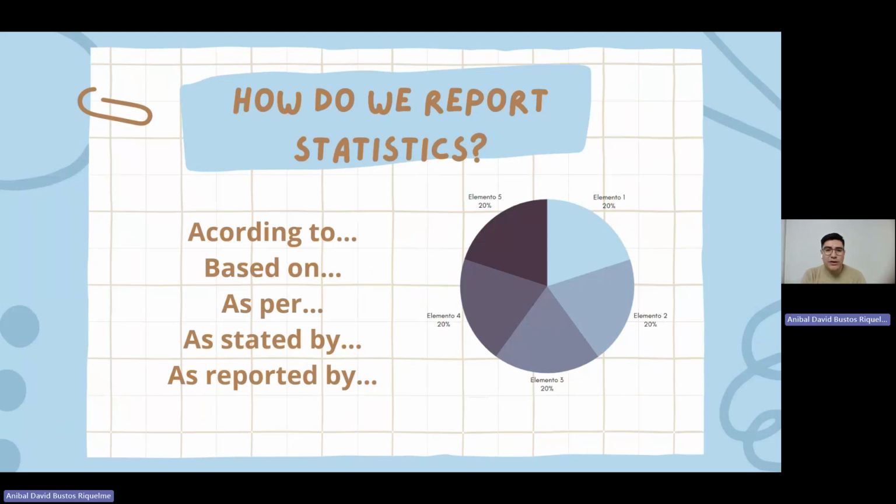And especially the way we can report statistics, cómo reportamos certain data.